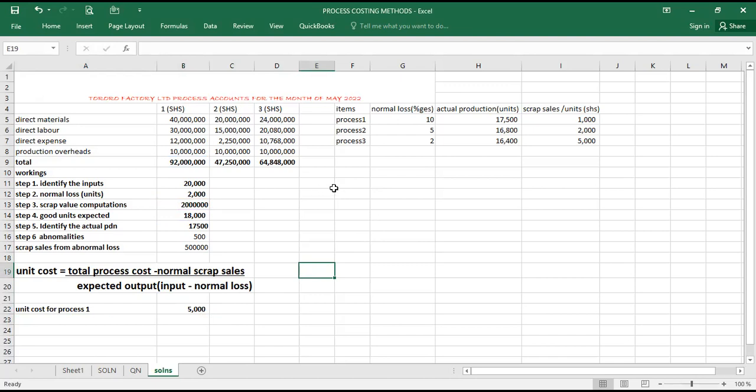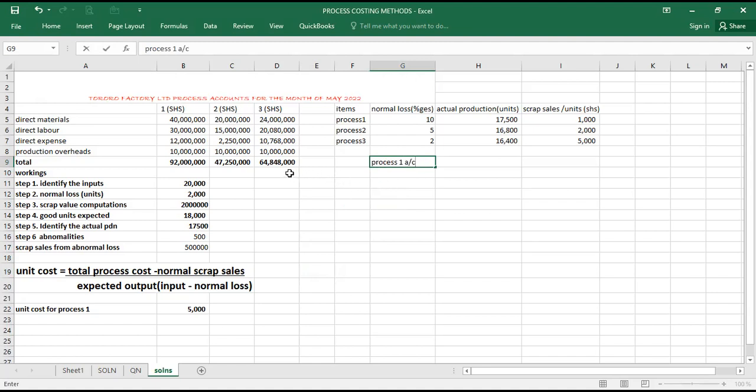So we can now draw our accounts. This is going to be our process one account.